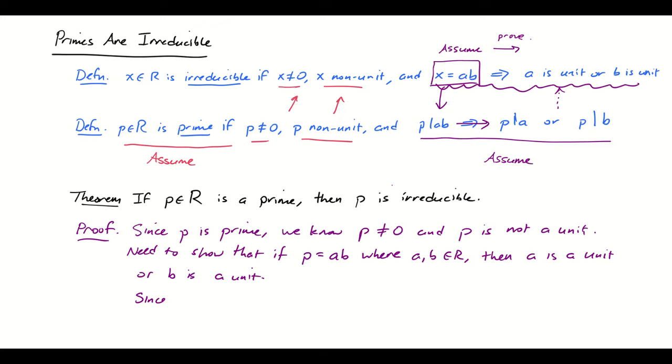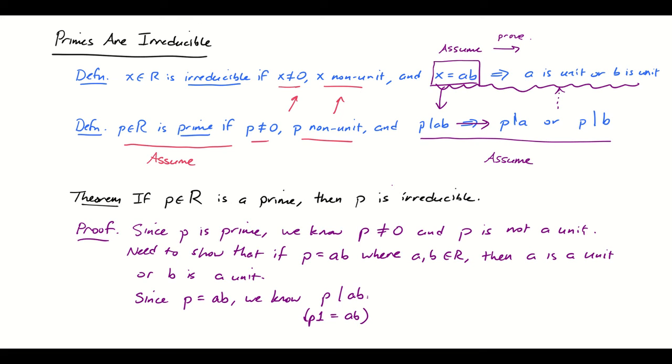So since P is equal to A times B, we know P divides A times B. And if you want to be really pedantic about why that's true, that's because P times something, namely 1, is equal to AB.